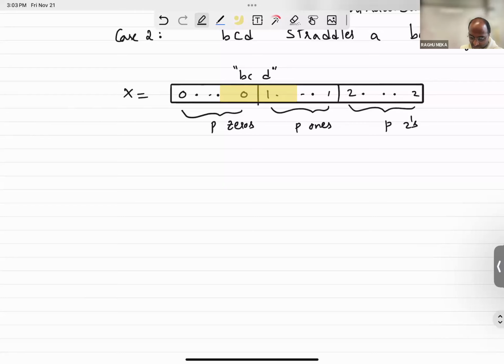Okay? It cannot happen that this thing straddles both boundaries. That's what we are exploiting. Because the middle piece is very big, and the total length of BCD is at most p. Okay?